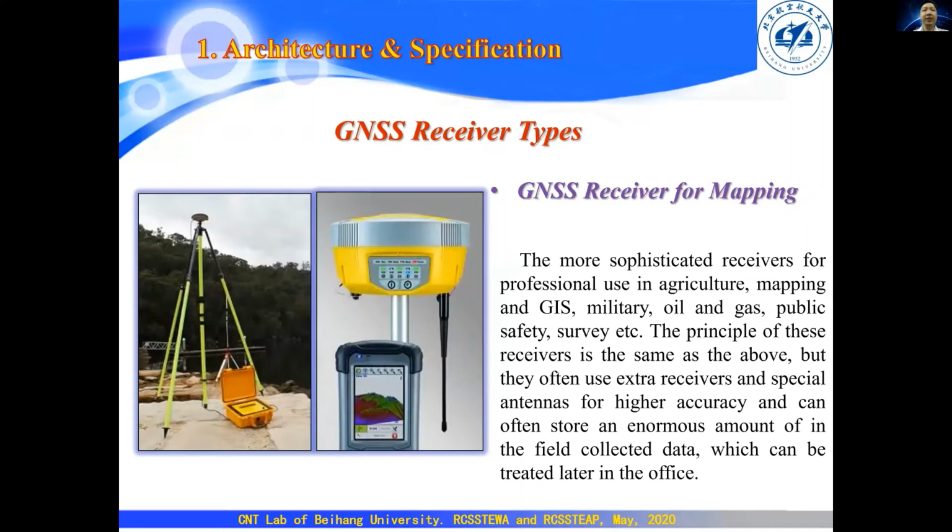The principle of this kind of receiver is to focus on how to get high accuracy, and they often store an enormous amount of data and process the result a little bit later. You can store the data in your machine and post-process it, just to get high accuracy. I will give a lot of detailed applications later.